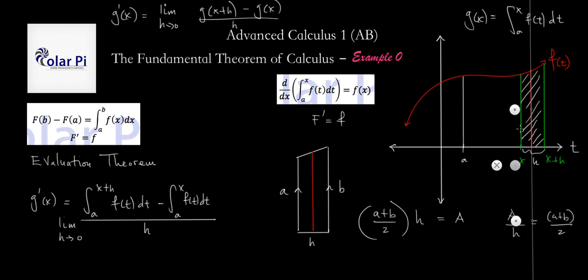So as you can imagine, as x plus h moves closer and closer to x, let's say x plus h moved at some point to right there, you can see that that midline would also move with it. So then the quotient that we have over here will continue to approximate the midline.